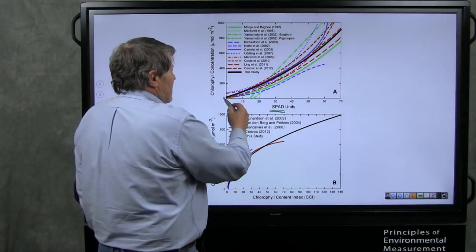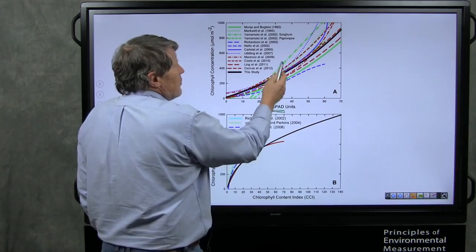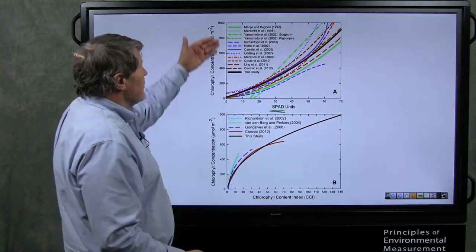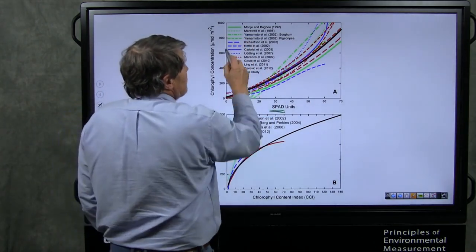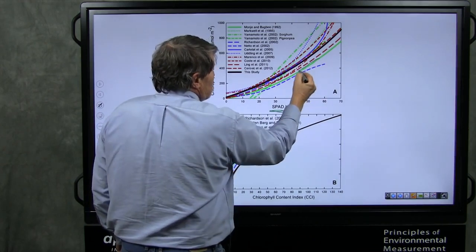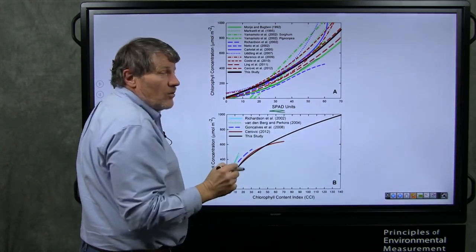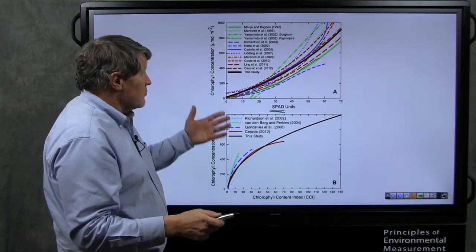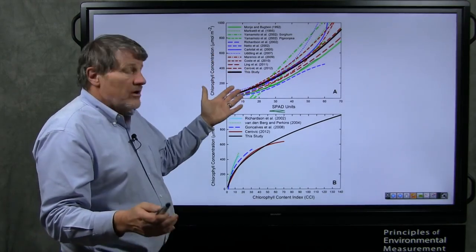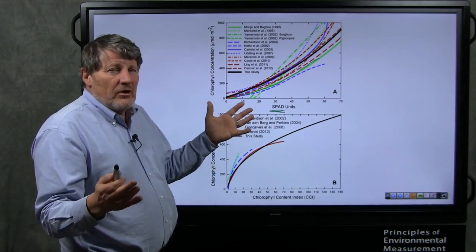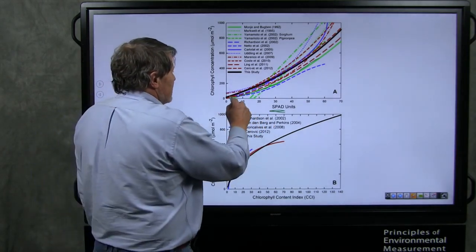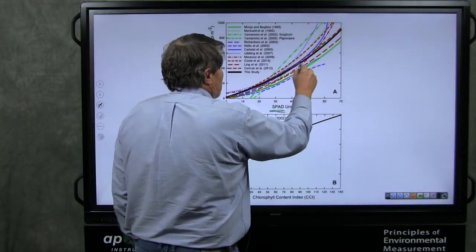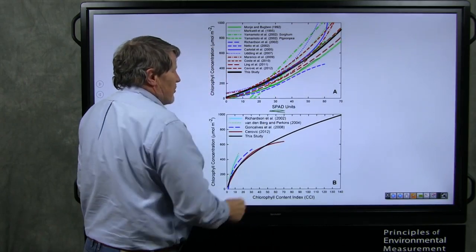You can see it's nonlinear and going up, but look at the scatter in studies. Many studies. Here are our studies. The green line right here is the one we did. Then, when we did this again, using more modern techniques 20-some years later, a modern spectrophotometer, and more rigorous extraction techniques, we got this black line, which is close to the average of all of these.